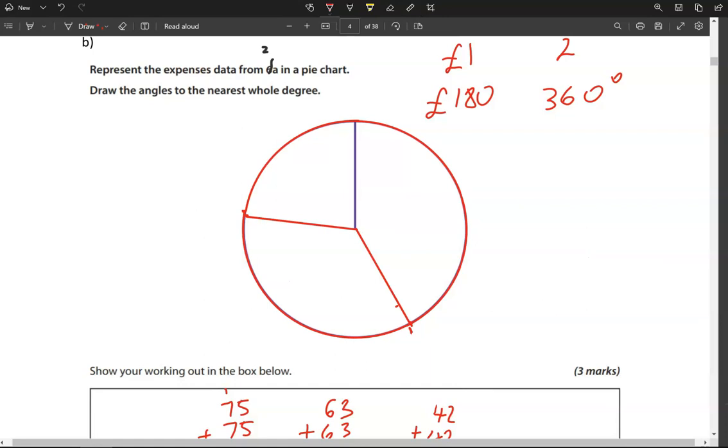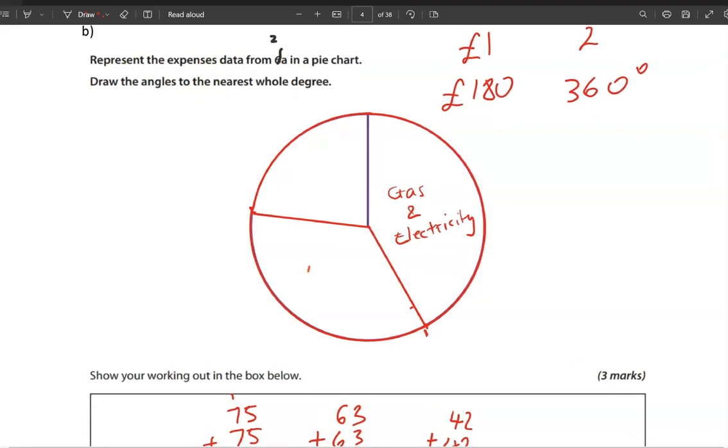And I'll label the sectors, so gas and electricity, food, and activity materials.